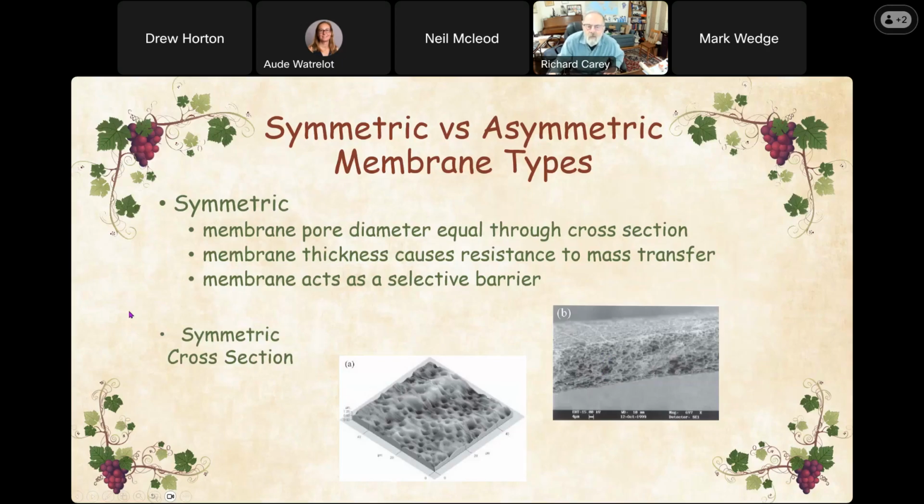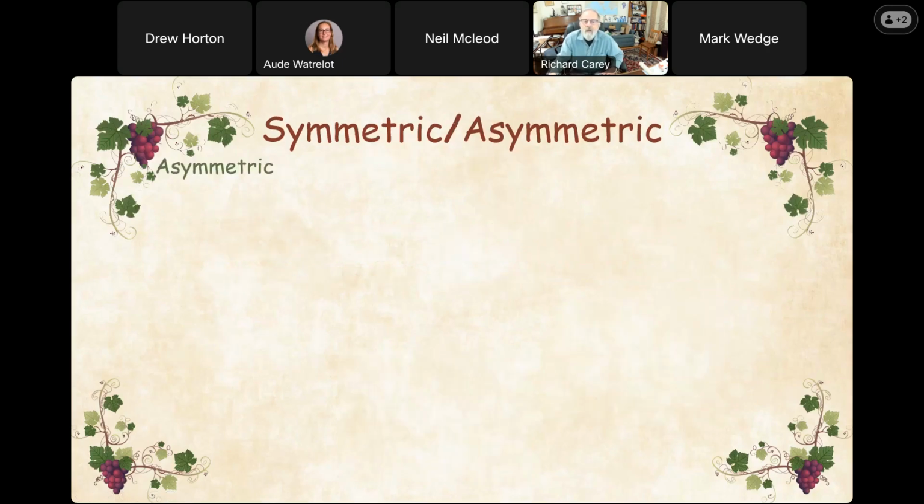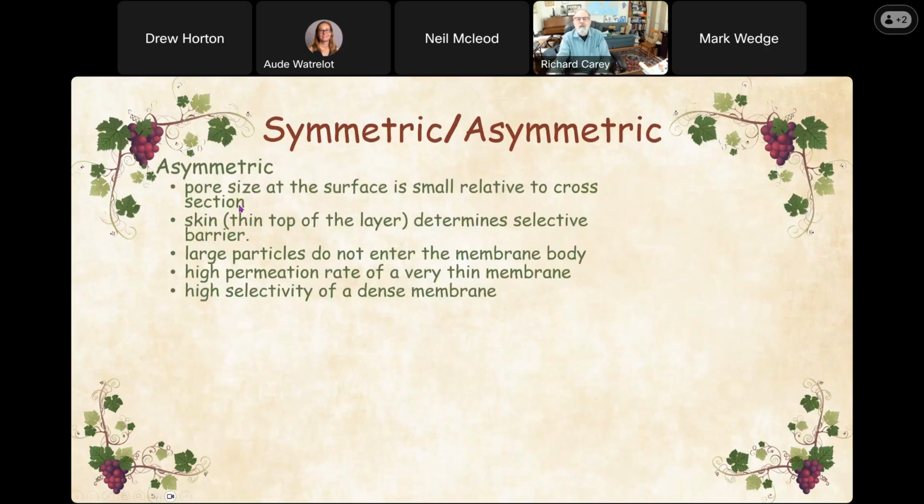Most of the crossflow filters these days are asymmetric, and that's where the pore size on the surface is small relative to the cross-section. It's got a very thin skin on the top layer that determines the selective barrier, and large particles that can't enter don't pass through the membrane and get embedded in the membrane body.